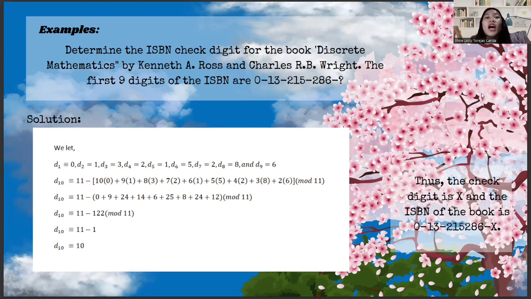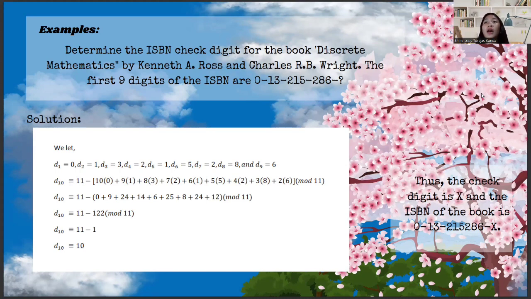After multiplying, we will add all the digits in the parentheses, and now we came up with D sub 10 is congruent to 11 minus 122 modulo 11. So 11 minus 1, since 1 is the remainder after dividing 122 by 11, so 11 minus 1 is 10.